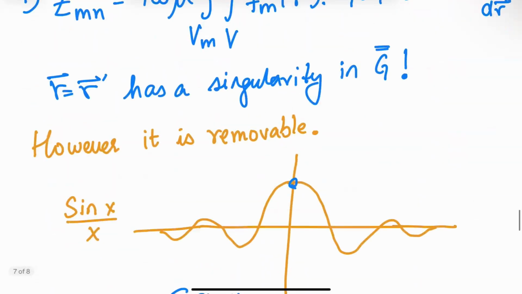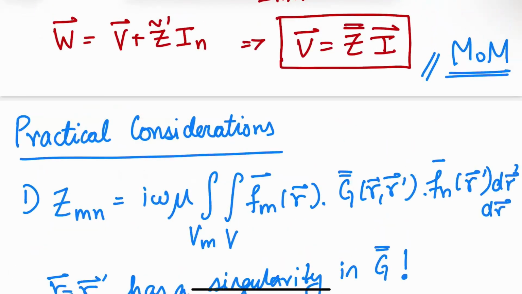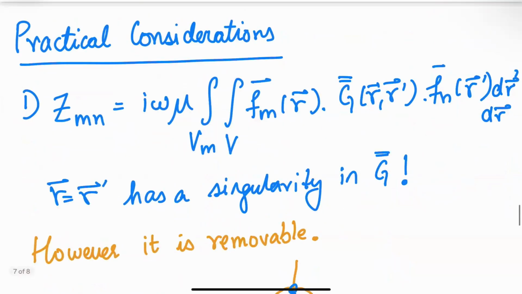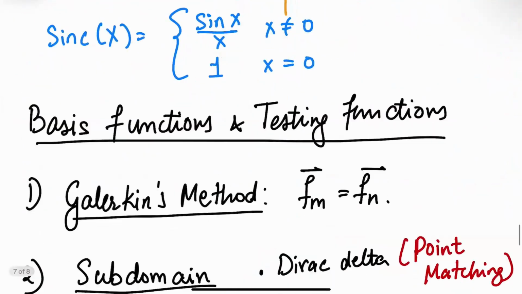Maybe I should explain that a little better. If I put a pulse basis here and here, what does that do? It doesn't do anything. It just changes the volume integrals for each of the pulses to the region over which the pulse exists. Then this becomes 1, this becomes 1, and you only have to integrate the Green's function over the support of the pulse basis, and that becomes easier.